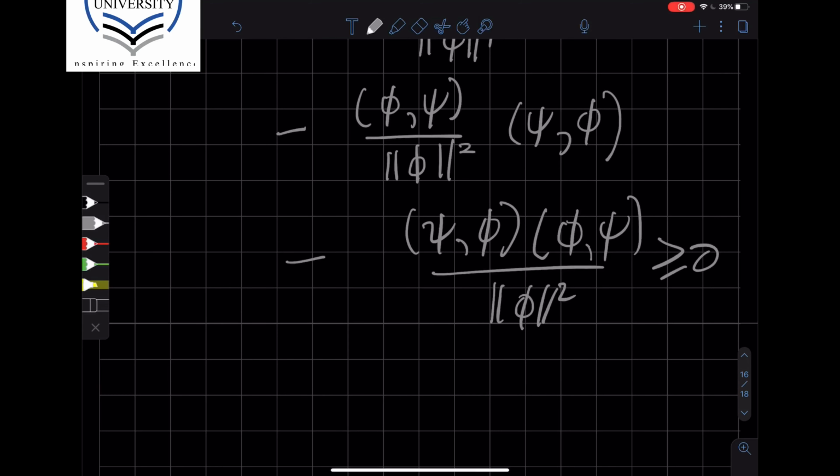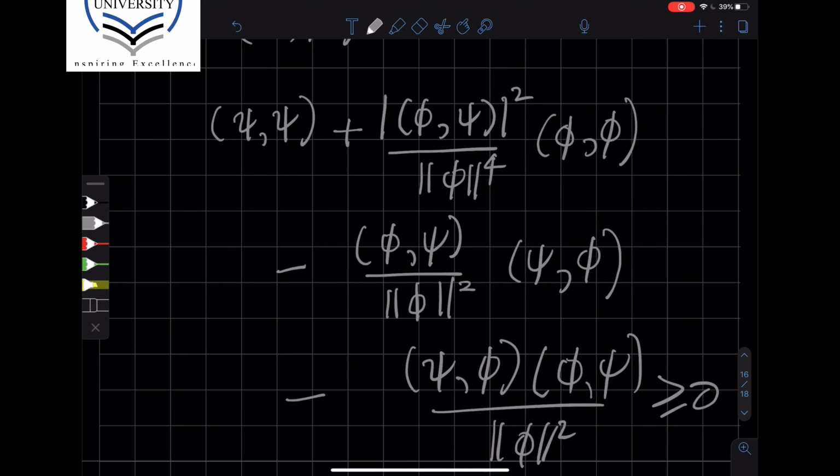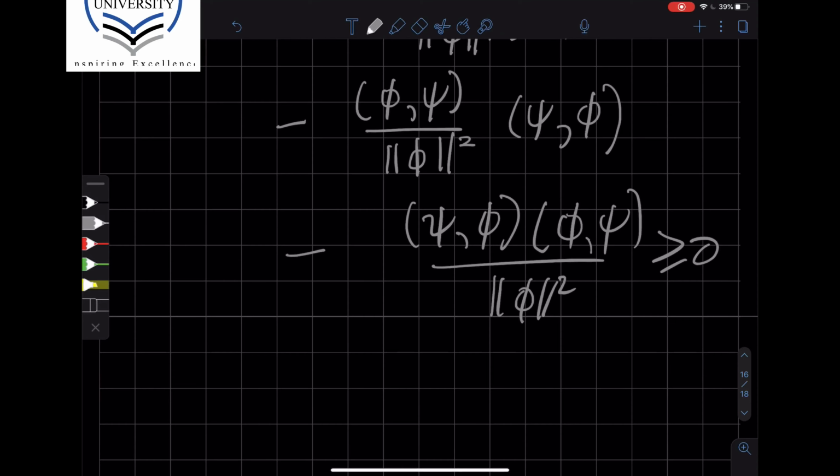Now in the second term we see that this is nothing but phi squared, so we can simplify.